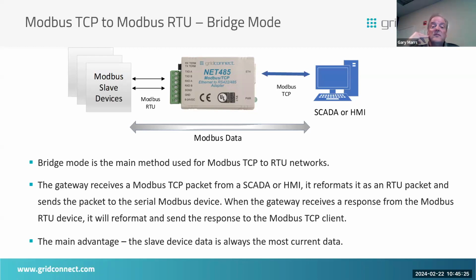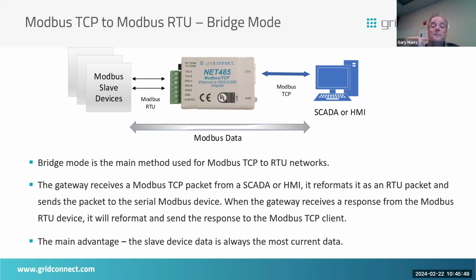The gateway would receive the Modbus TCP packet, reformat it as an RTU packet, and send the packet to the Modbus serial device. So the gateway really here is a Modbus TCP server on one side, and on the other side, it's a Modbus RTU master.